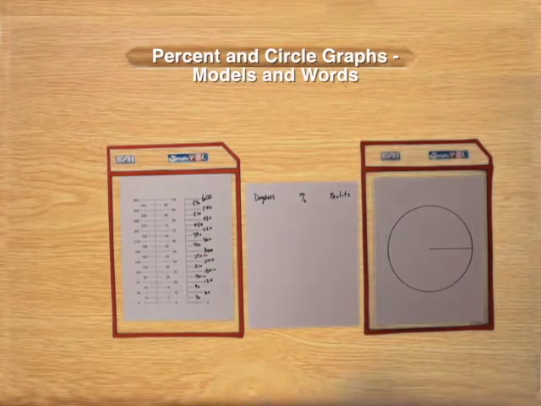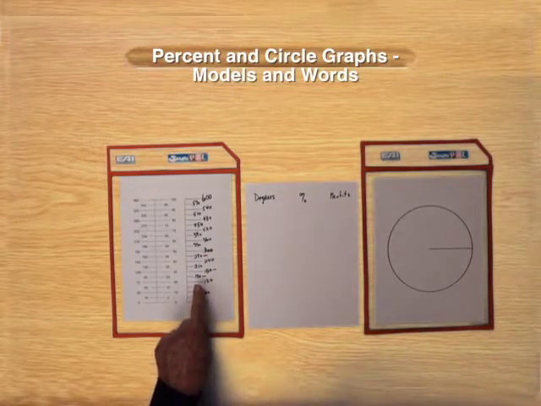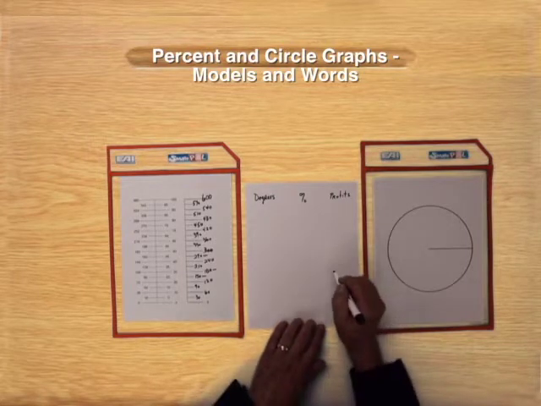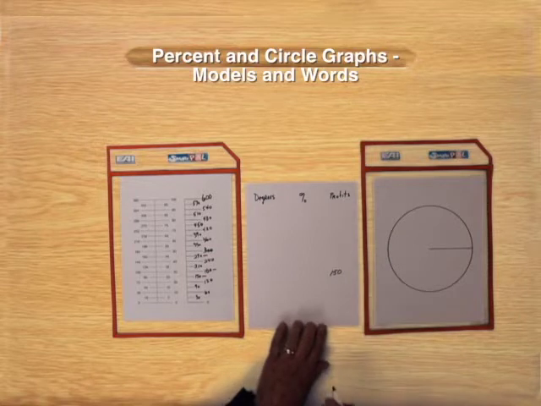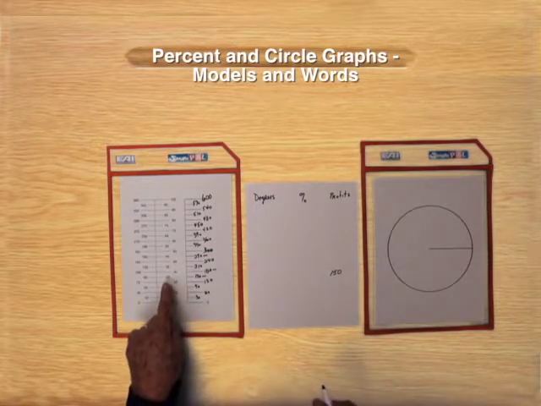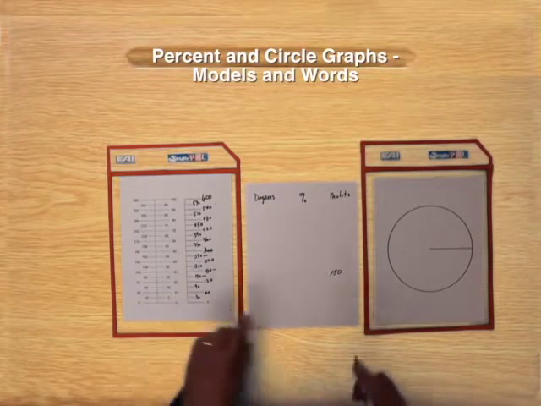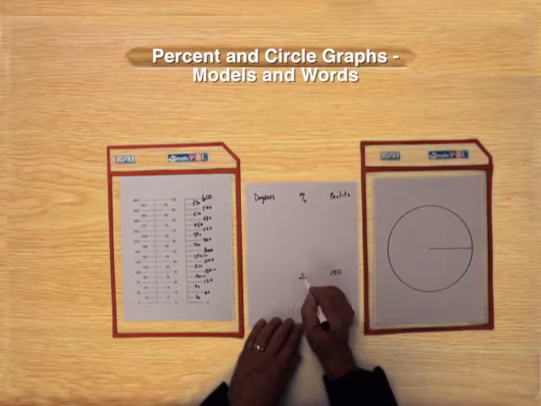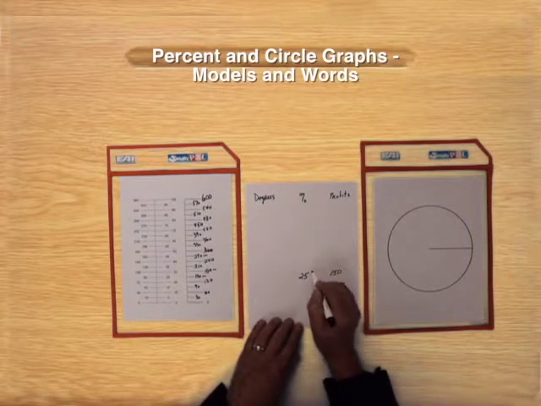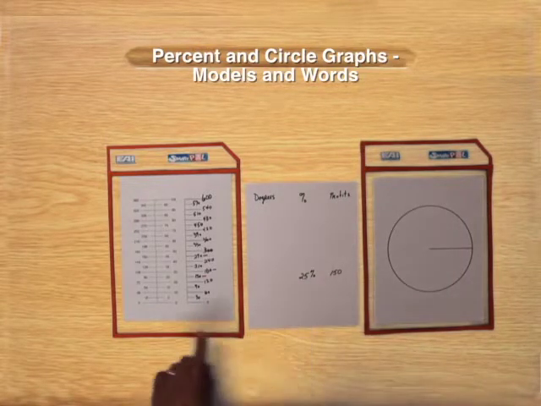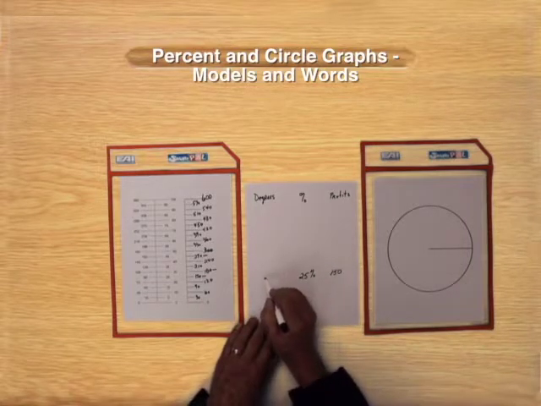Let's look at the first one. The first one is $150. So the profits are $150, and that is in the same position as 25%, and that is in the same position as 90 degrees.